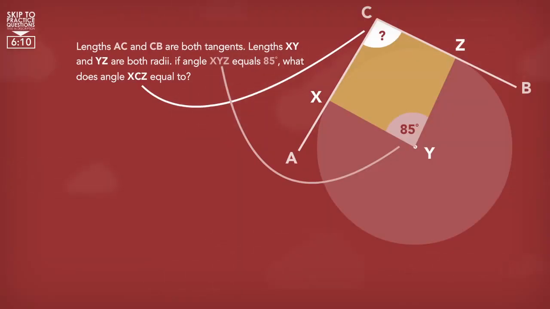For example, lengths AC and CB are both tangents. Lengths XY and YZ are both radii. If angle XYZ equals 85 degrees, what does angle XCZ equal?